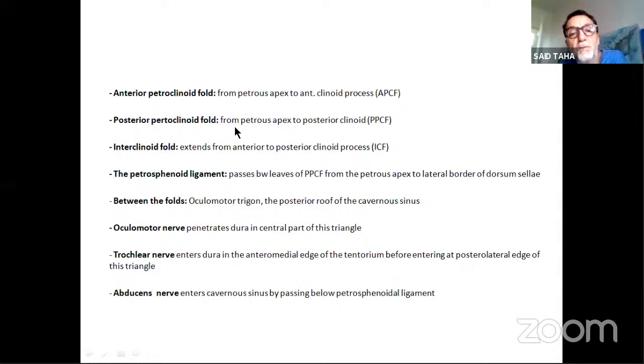The posterior petroclinoidal fold goes from the petrous apex to the posterior clinoid, and the anteroclinoidal fold extends from the anterior to the posterior clinoid process. There is a petrosphenoidal ligament that passes below the posterior petroclinoidal fold from the petrous apex to the lateral border of the dorsum sellae. And between these folds we have the oculomotor triangle.